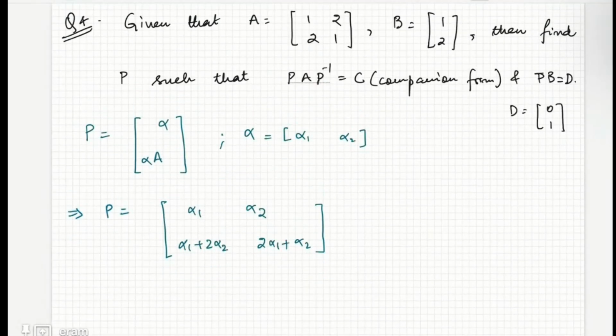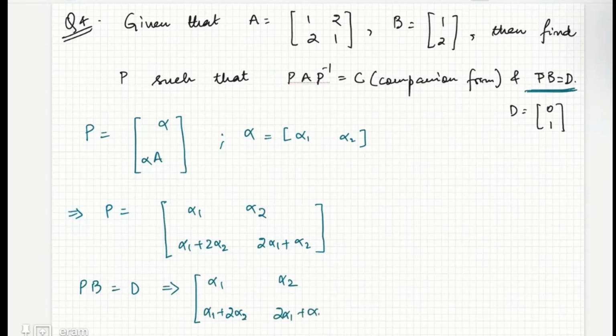And we already know that this satisfies PB as D. So let's write it down. Alpha 1, alpha 2, alpha 1 plus 2 alpha 2, 2 alpha 1 plus alpha 2, multiplied with the B given as 1, 2, should give us the companion form 0, 1.